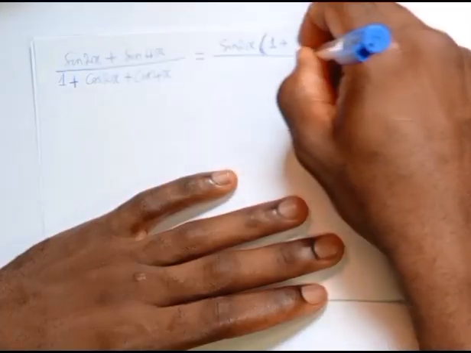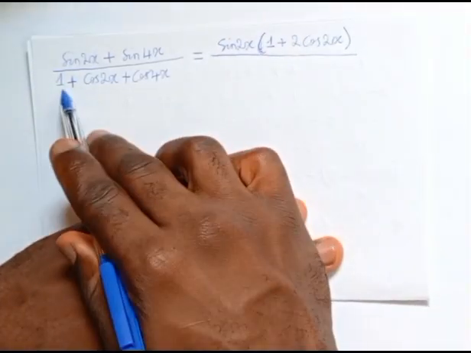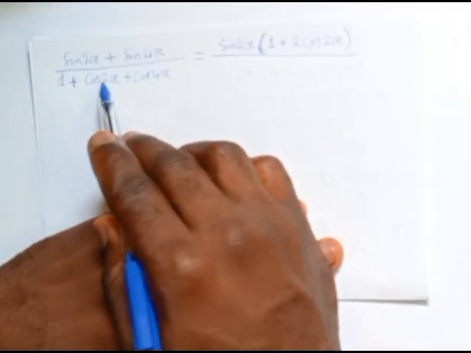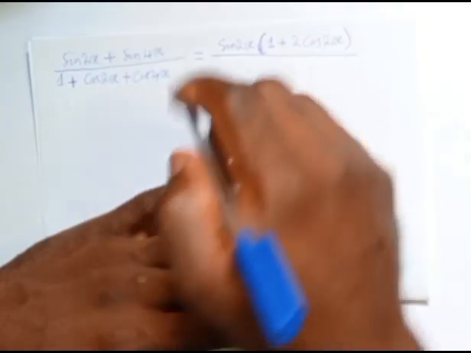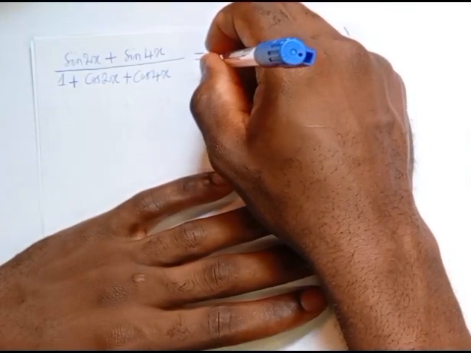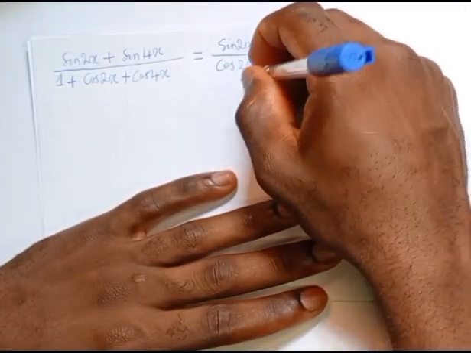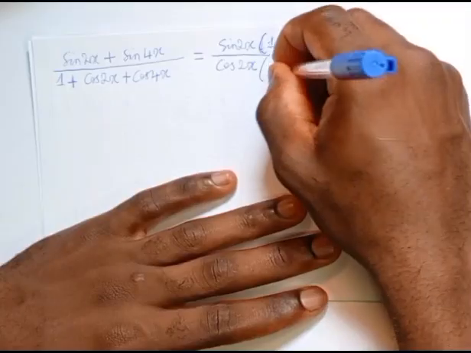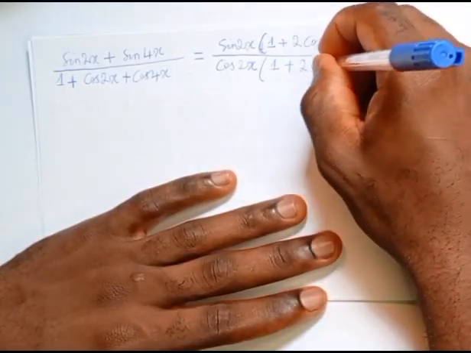At the denominator, 1 plus cos 2x plus cos 4x is simply cos 2x times 1 plus 2 cos 2x.